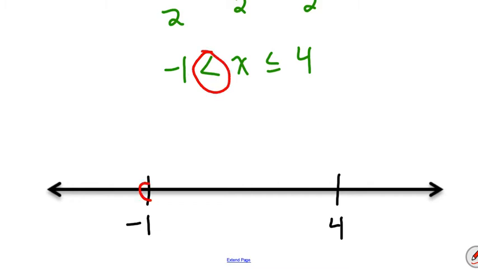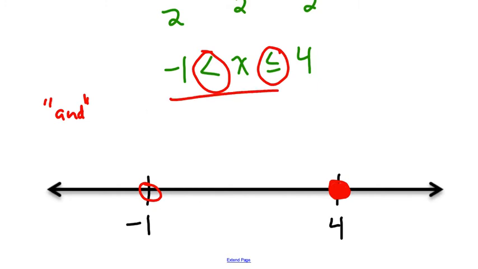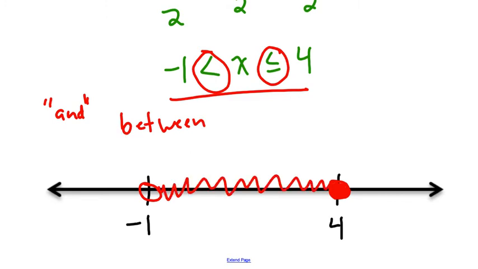So at -1, I put an open circle. And this inequality right here tells me it's a closed circle, so I'm going to put a filled in circle at 4. Now for your shading, when you see the word "and," or you see a compound inequality like we have here, we shade between our dots. So we're going to shade between the dots, and we're done.